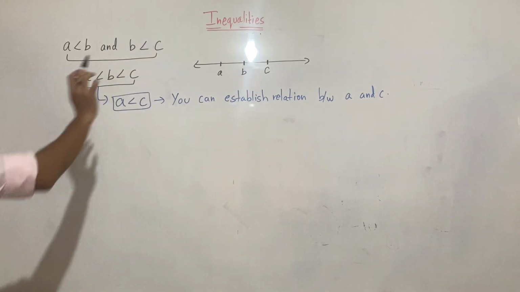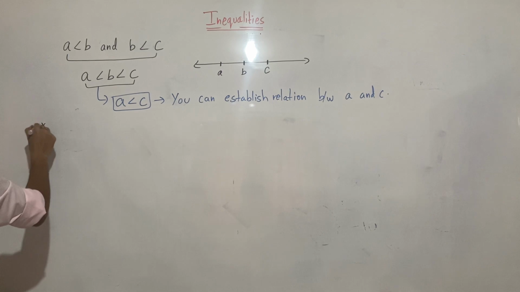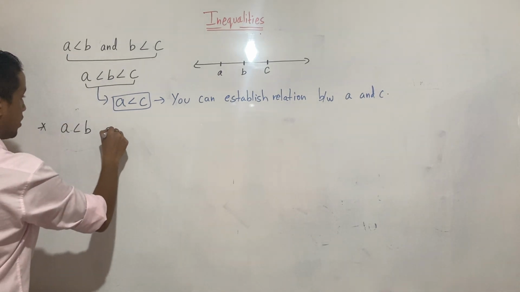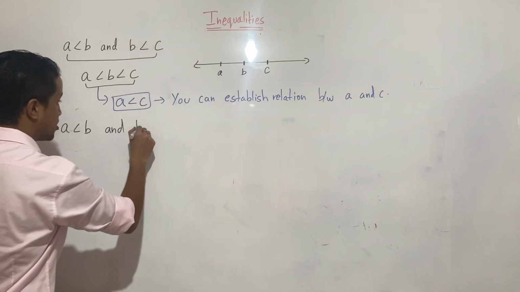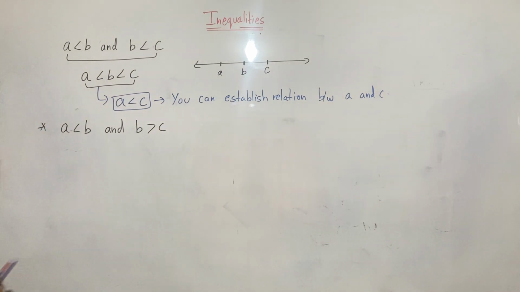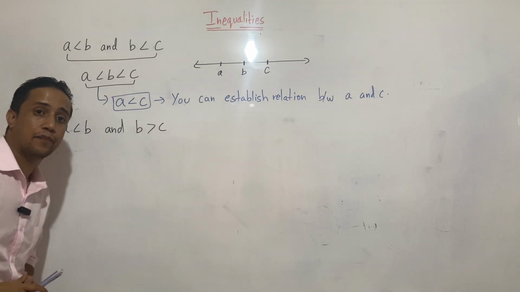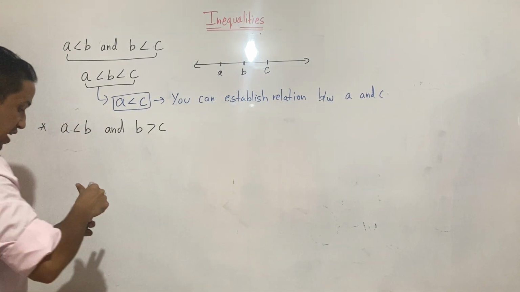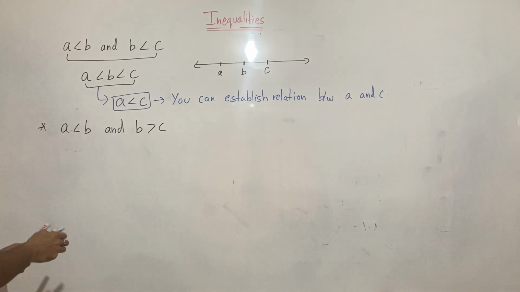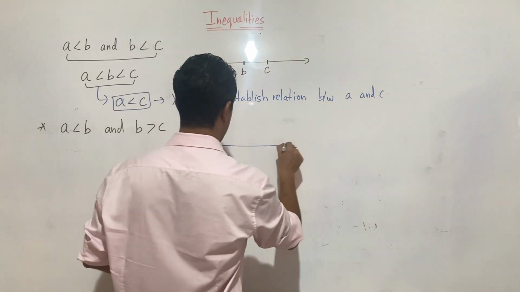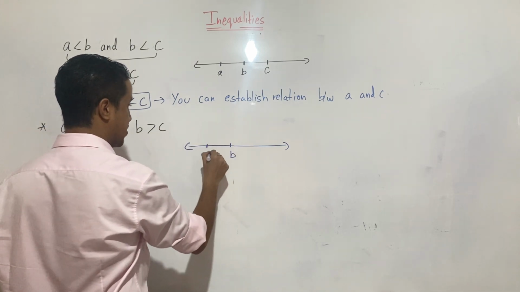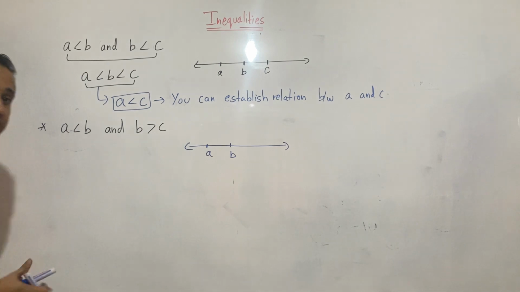But see, if you have A less than B and here it says B is greater than C, now there is a problem. You cannot establish a relationship between A and C. Let's see it on the number line. You can visualize it. A is less than B. If B is here, A is here, and B is greater than C. Now where is C?